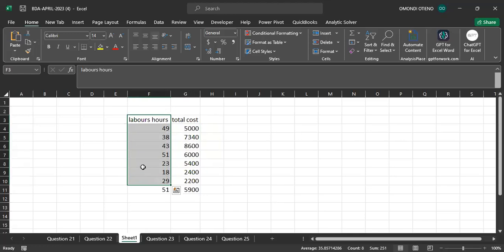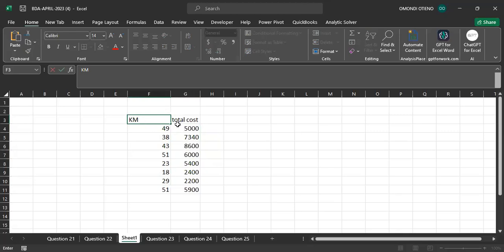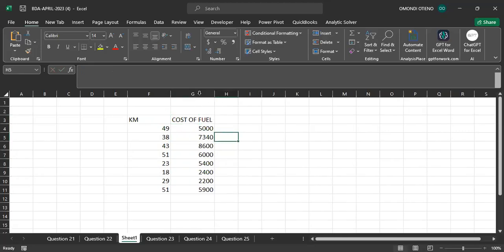Cost will be depending on the labor hours, right? Assume this one here is kilometers covered, and this one here is cost of fuel. So the fuel that has been consumed will be depending on the kilometers that have actually been covered, right?